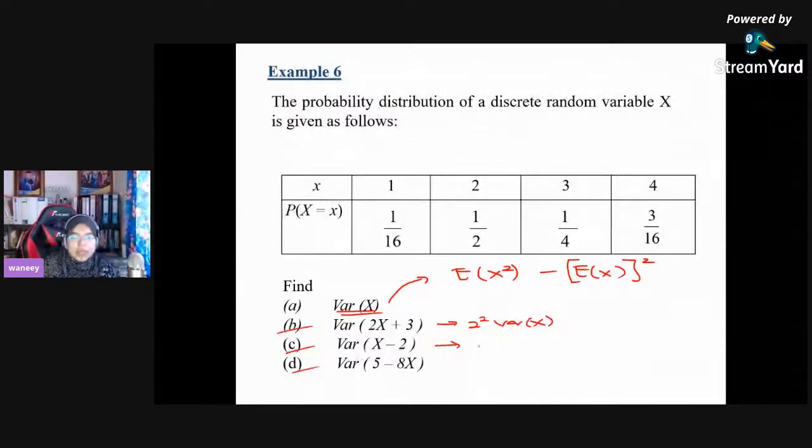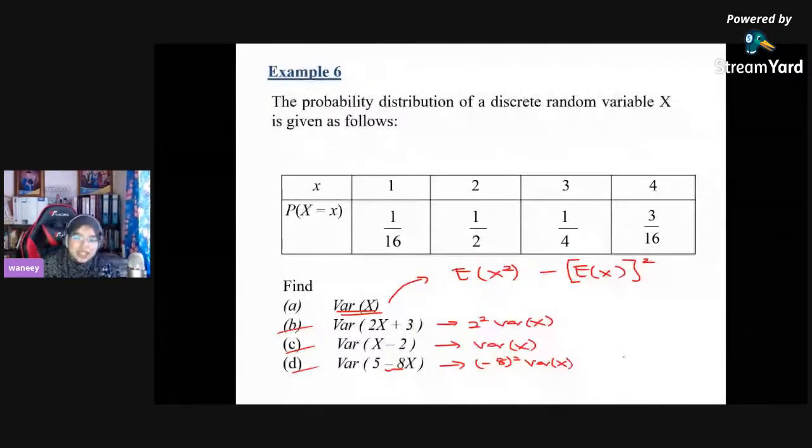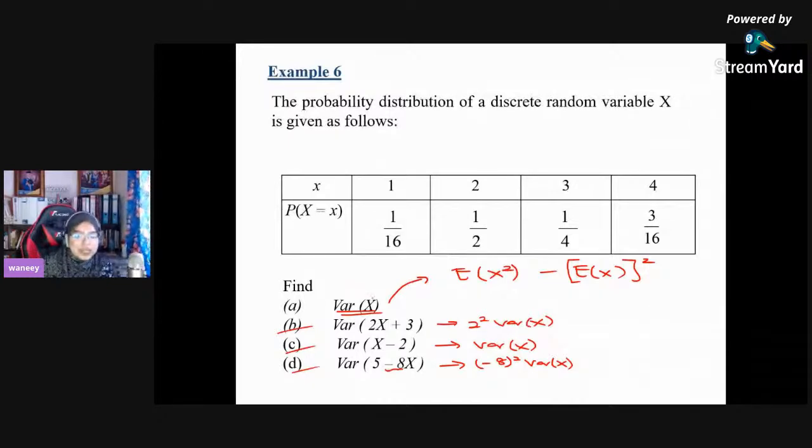Variance of x minus 2 is also equal to variance of x. Variance of 5 minus 8x, so this one is negative 8 square multiplied with variance of x. So everything will need the value of variance of x. So let us calculate variance of x first.